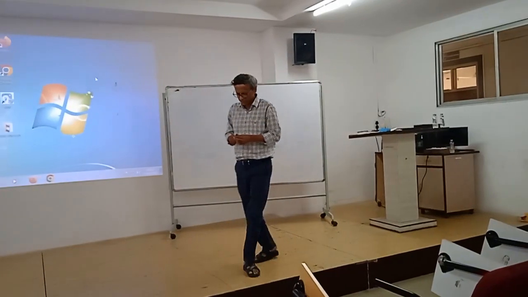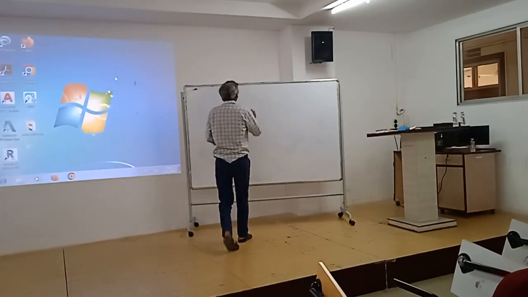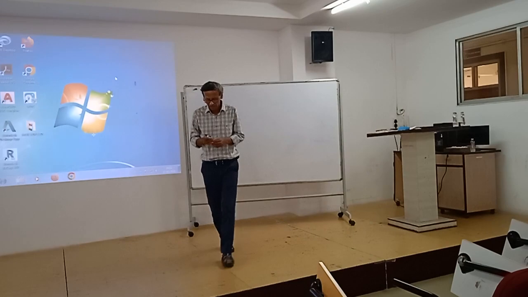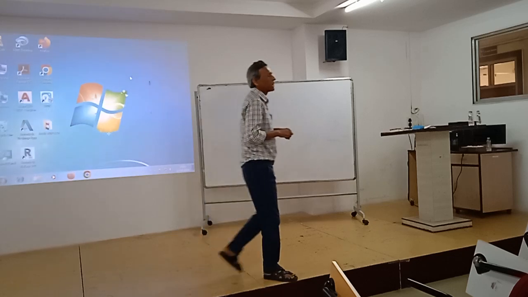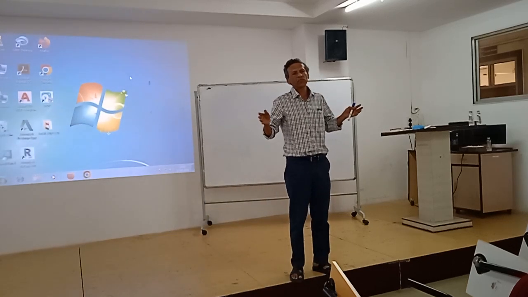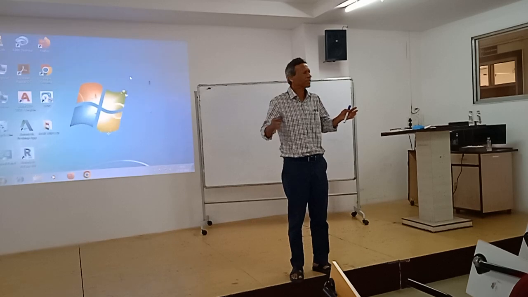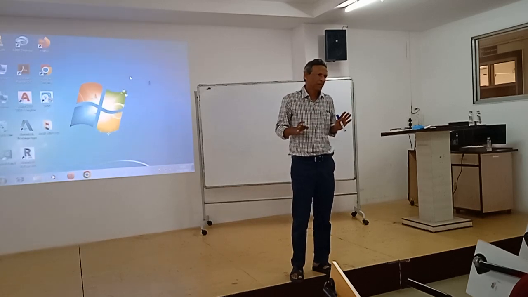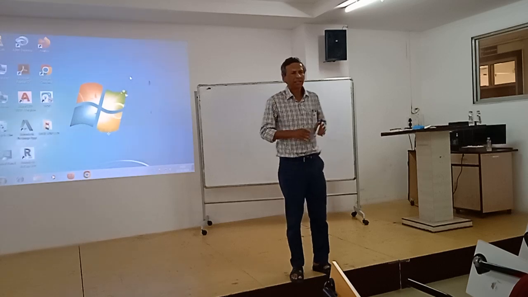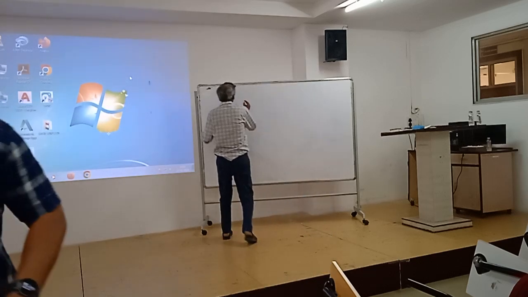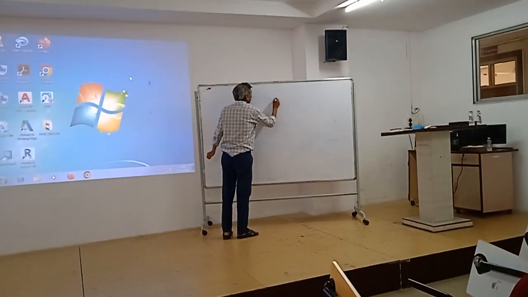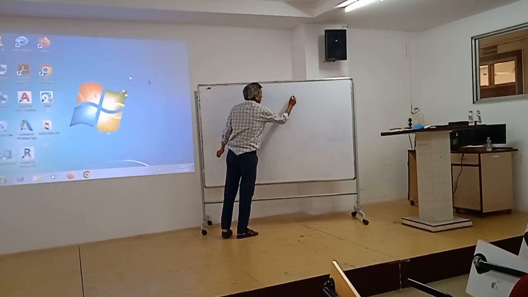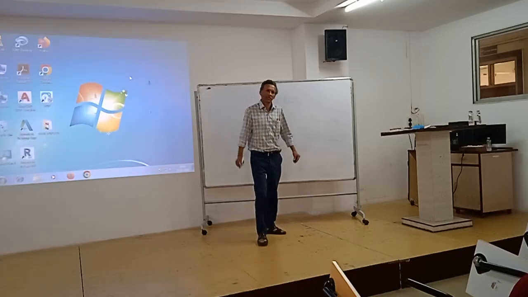Now I was wondering what type of case study I should give. We are at present in the process of developing a brushless DC motor drive for the textile industry. So let us discuss this. The condition is 48 volt, 1 kilowatt DC motors.